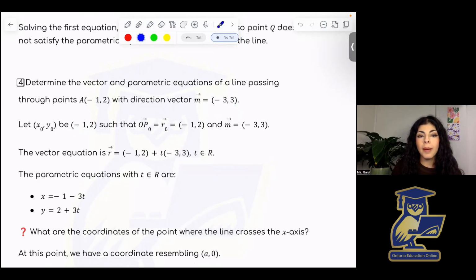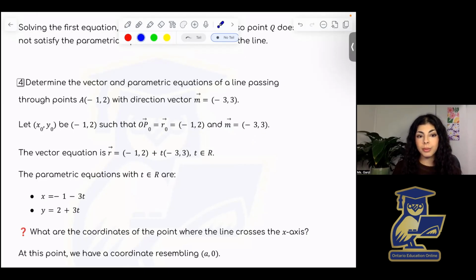And now we consider OP, where O is the origin, which gives us r0, that starting point that we have, and it's negative 1, 2. It's our reference point, the point that we're starting with, and then the direction vector is m, and this is negative 3 and 3.